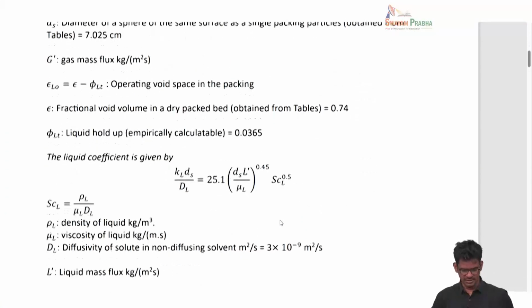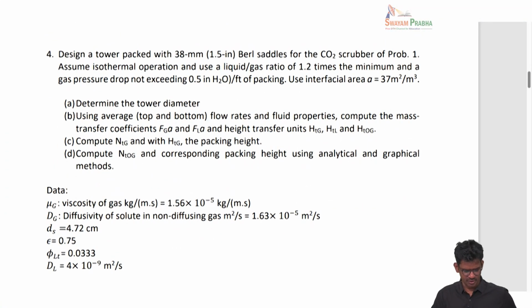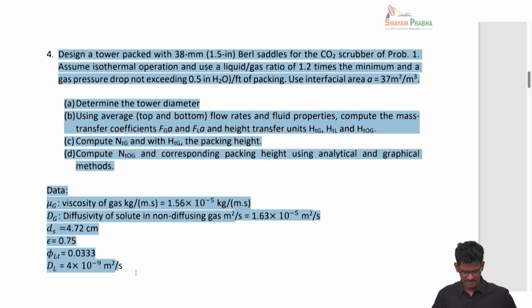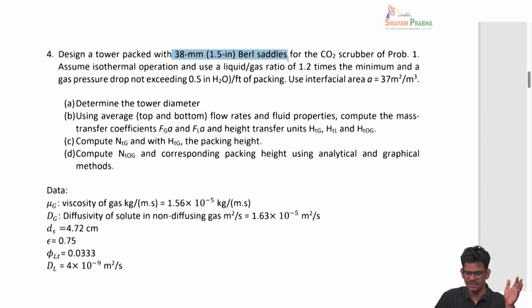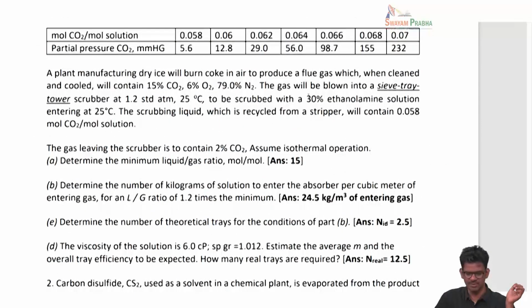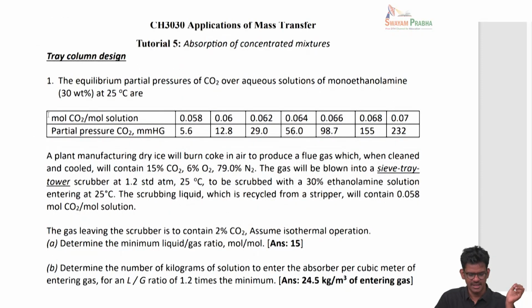So if you look at this problem sheet, there is another problem. Problem number 4 is given, which you have to do pretty much the same way that we did the previous problem. Okay, the only difference is I have changed the packing material, and the equilibrium values are given based on problem number 1 here, and this is quite a concentrated mixture.